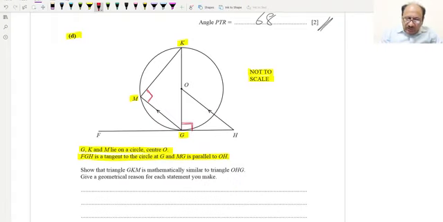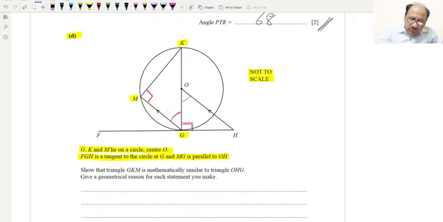Further, we can understand that these two are parallel lines. This line is parallel to this line. So if we complete a Z like this one, we can say this angle is equal to this angle, right? So these two angles are equal.